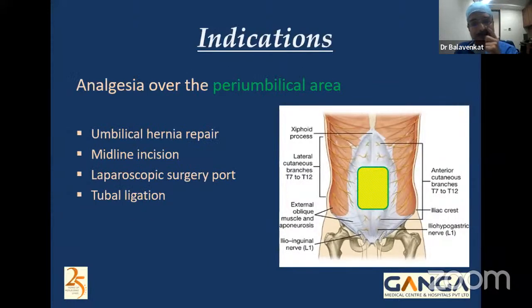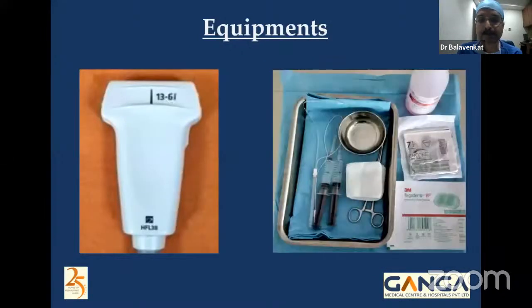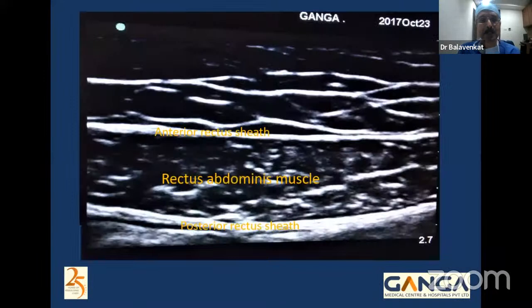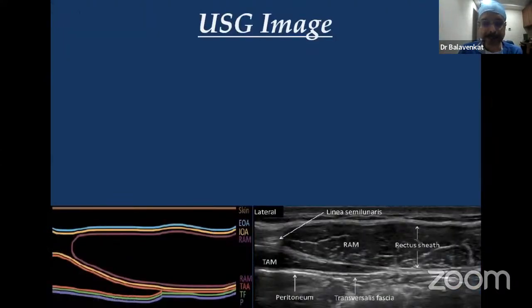So it's been found to be extremely useful in umbilical hernia surgeries, all midline incisions, laparoscopic surgical ports, tubal ligations, and so that's the anterior rectus sheath, the rectus abdominis muscle, and posterior rectus sheath.